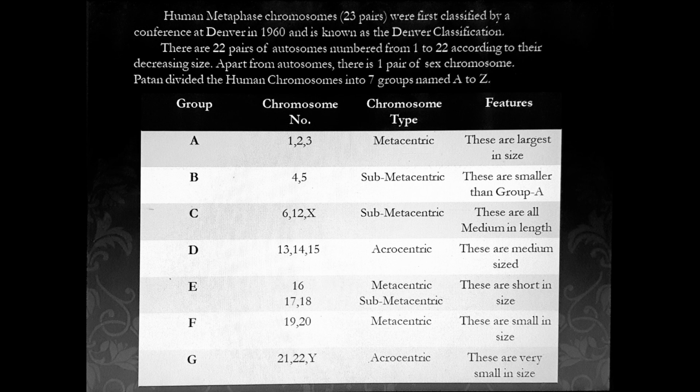Then there is group F, which includes two small metacentric chromosomes, number 19 and number 20, and these are distinguishable chromosomes. Then there is group G, which is the last group, and this group includes very small acrocentric chromosomes number 21 and number 22, and it also includes the other sex chromosome, which is the Y chromosome present in males. This is how seven groups are made for human chromosomes, and this is the result of karyotyping done at the Denver classification. I hope it is clear now.